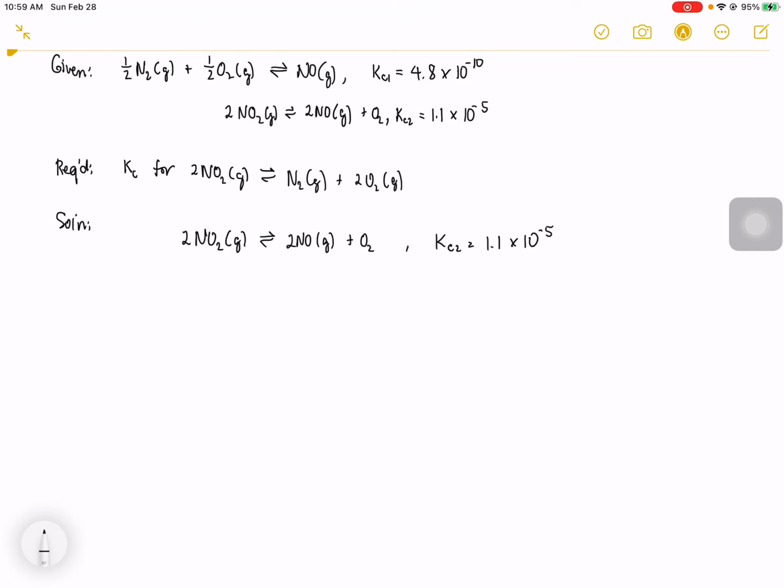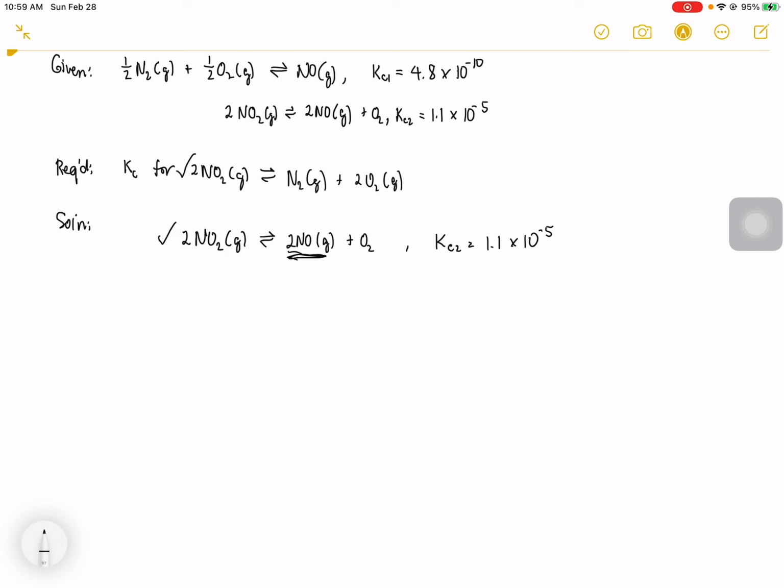Now notice that if we compare this equation right here with the equation whose K sub C we are looking for, we can see that on the right side of the arrow, there should be no nitrogen monoxide present. Now to do this, we should be able to cancel out completely the 2 moles of nitrogen monoxide that we have.